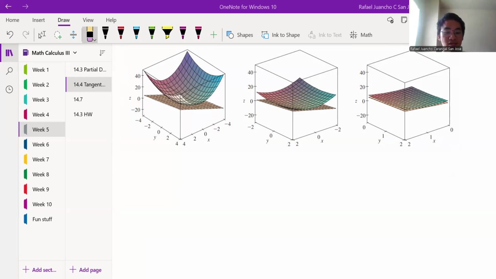And so the idea is that the elliptic paraboloid appears to coincide with its tangent plane as we zoom in. We're going back again to this intuitive definition of what it means to take the derivative. But here we're just doing it in 3D, so that's the difference.